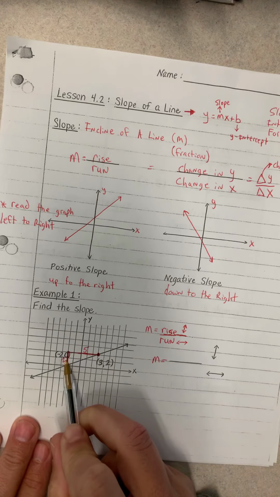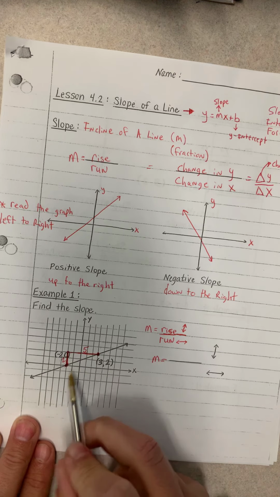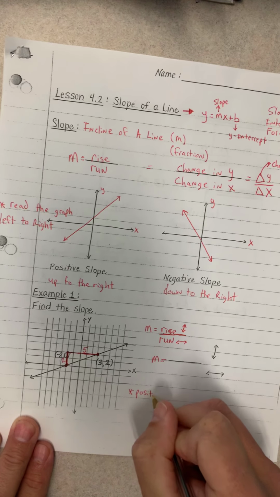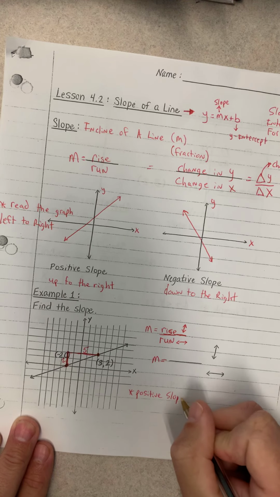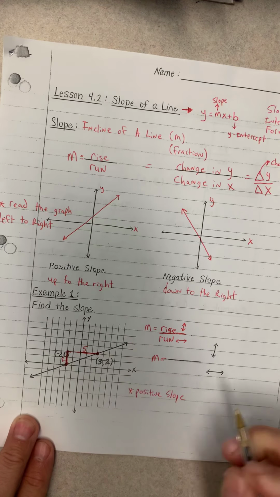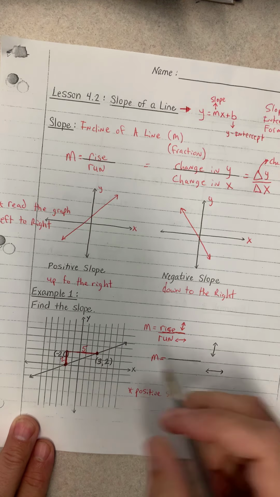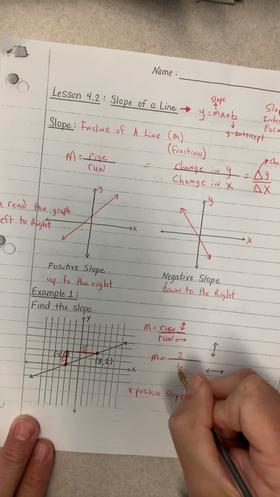I have a rise of 2 and a run of 5. And if I look at this, I know right now this has positive slope. Positive slope. It's rising. Rise of 2 in a run of 5.